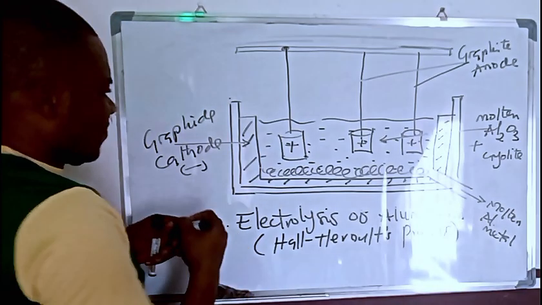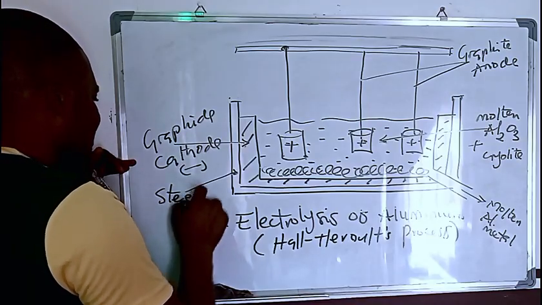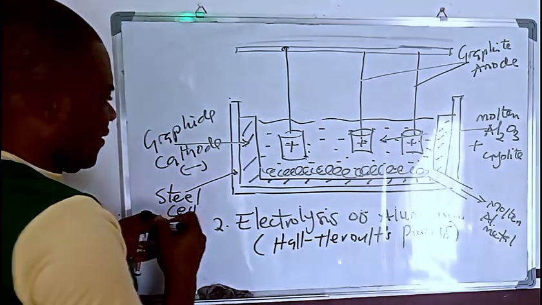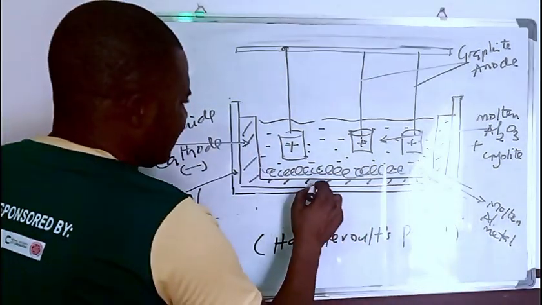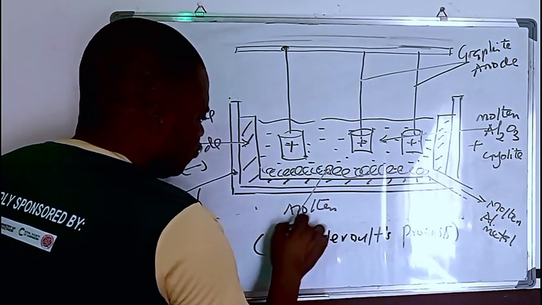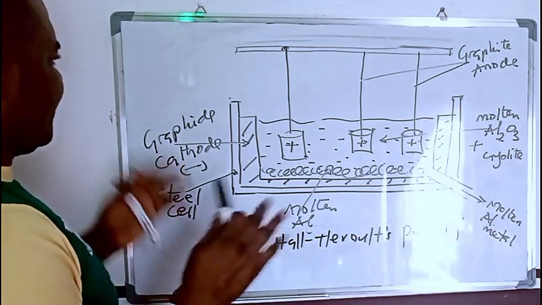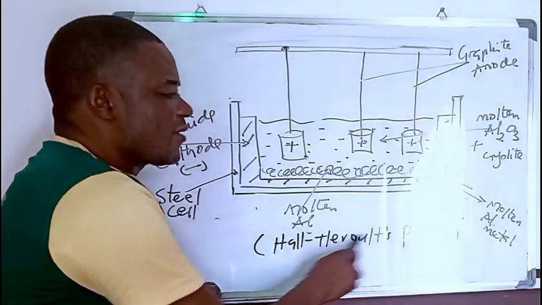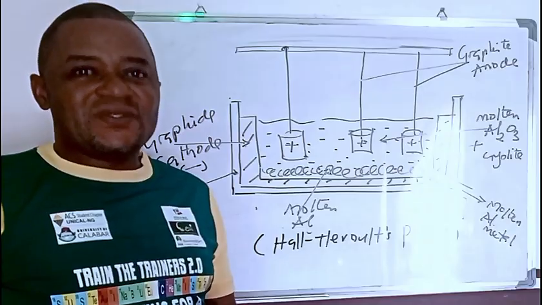And this wall that you find here, like I said before, is a steel cell. And the deposition that we have here is the molten aluminium itself. So you have this kind of diagram that explains the whole Hall-Heroult process for the extraction of aluminium through the electrolytic process.